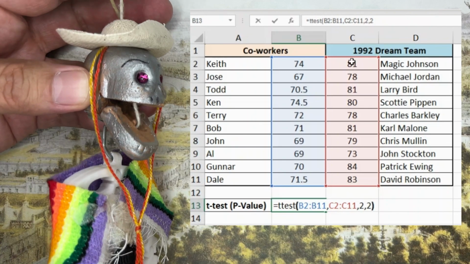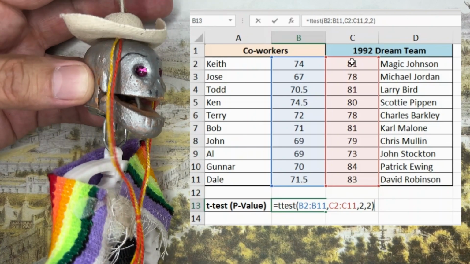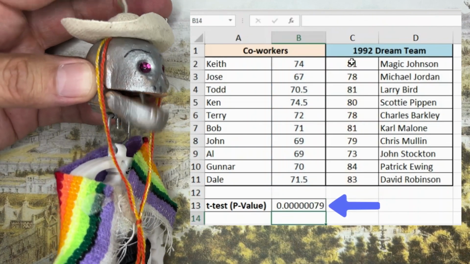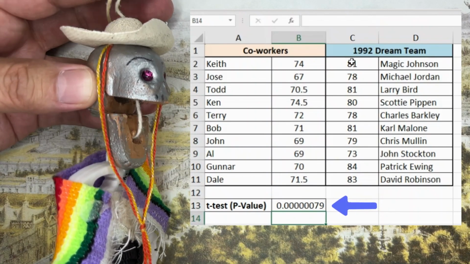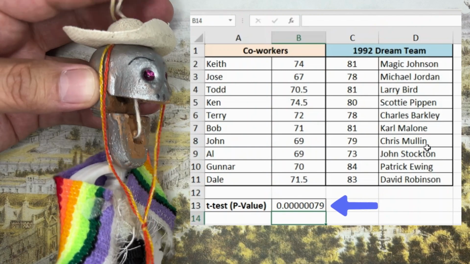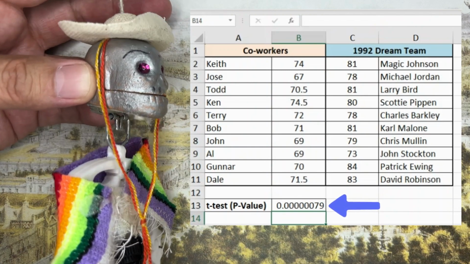Close the parentheses, click enter, and voila! Excel is going to give us a very small p-value of 0.000079, which is the p-value that we were looking for.